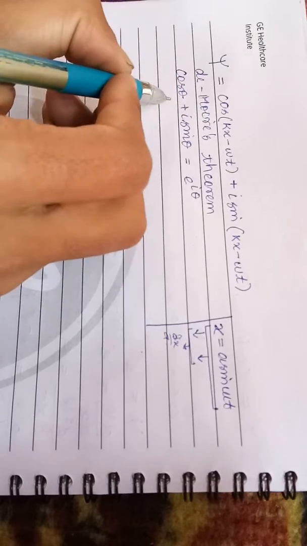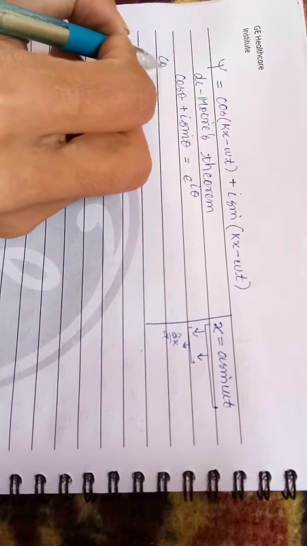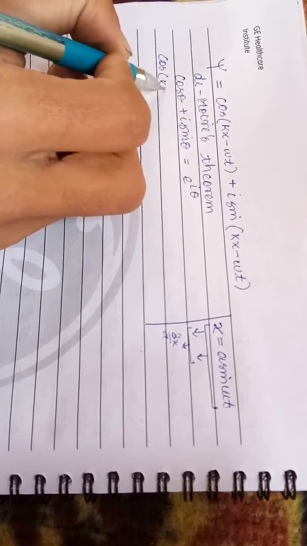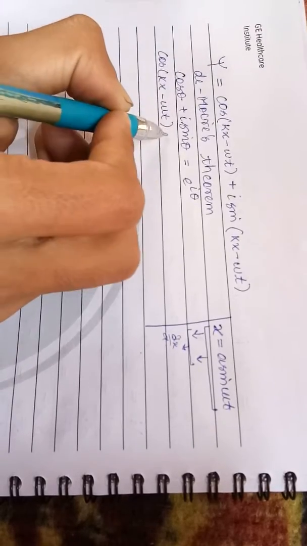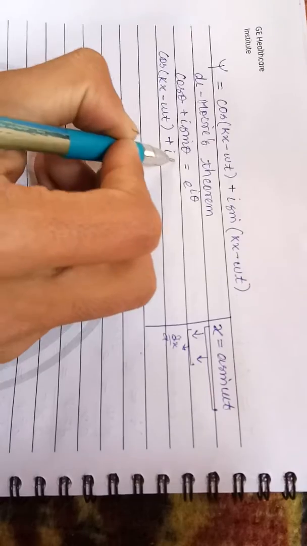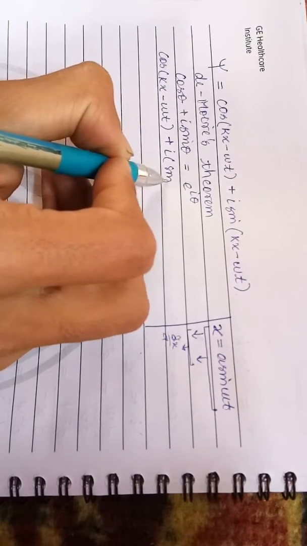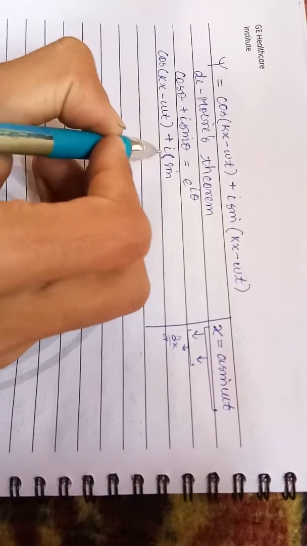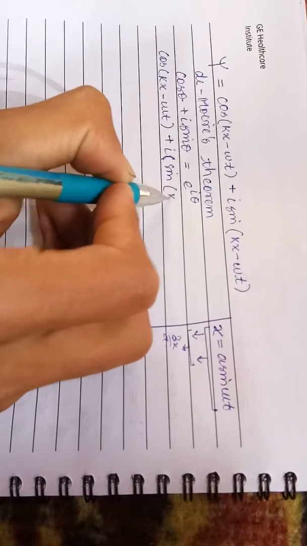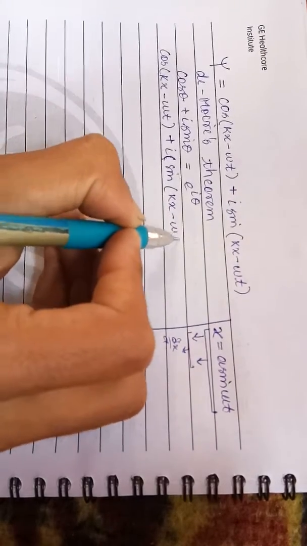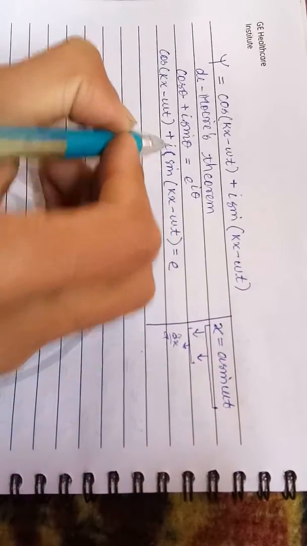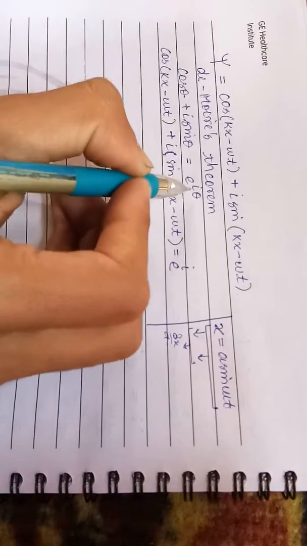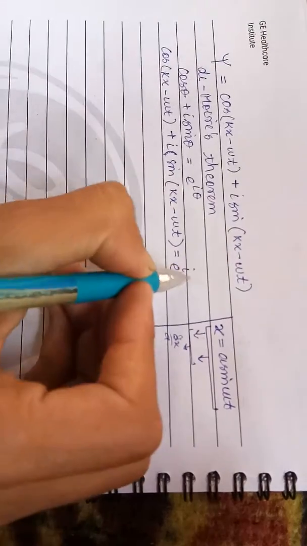That means cos of (kx minus omega t) plus i sine of (kx minus omega t) equals e, i remains the same, but for theta we have kx minus omega t.